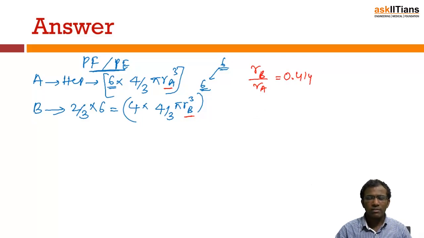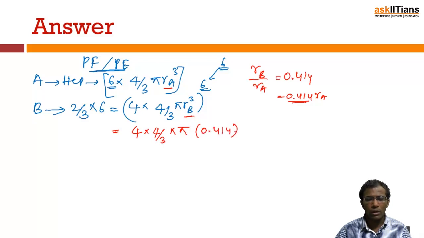So the radius of atom B is equal to 0.414 of the radius of A, because atoms of B are occupying the octahedral voids formed by A. To fill in, the radius of B should be this much. Okay, so from here what you can write is 4 into 4 by 3 into pi into RB.